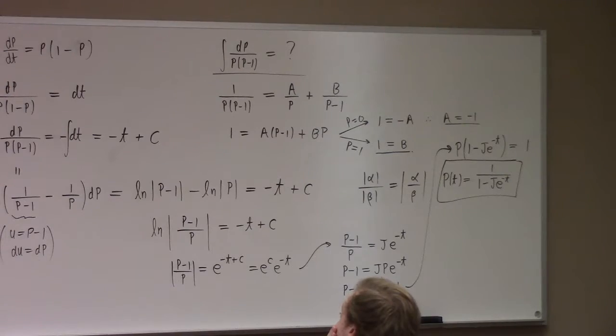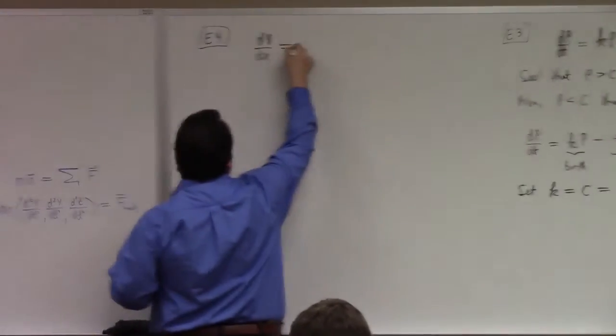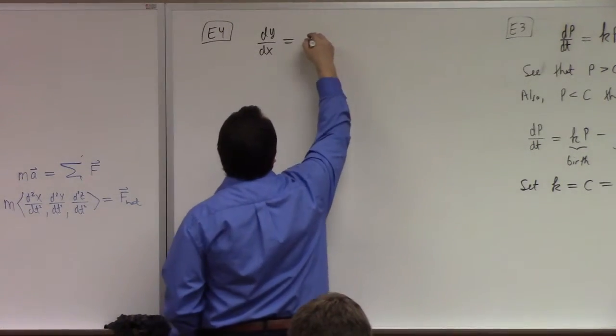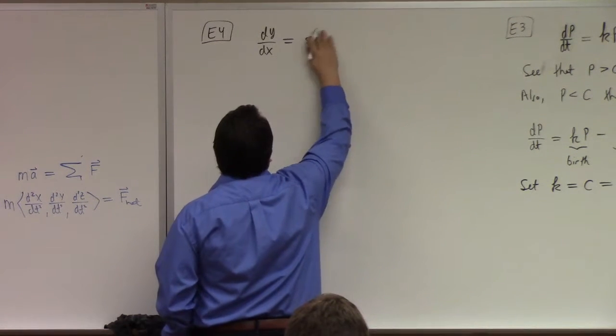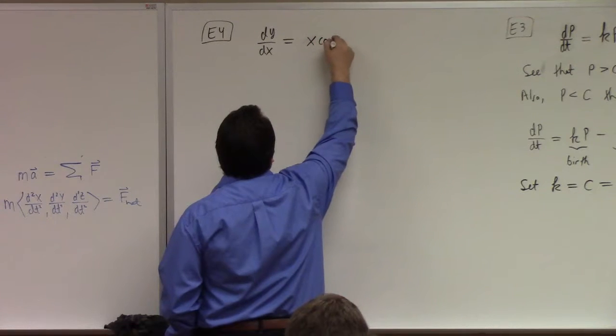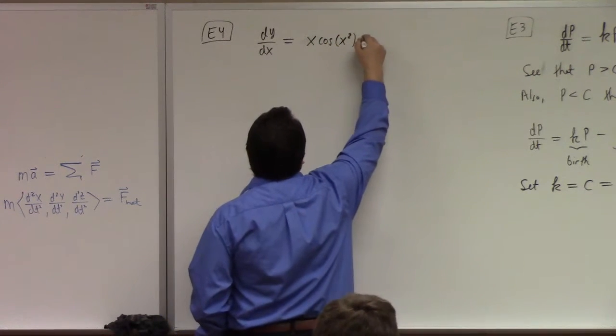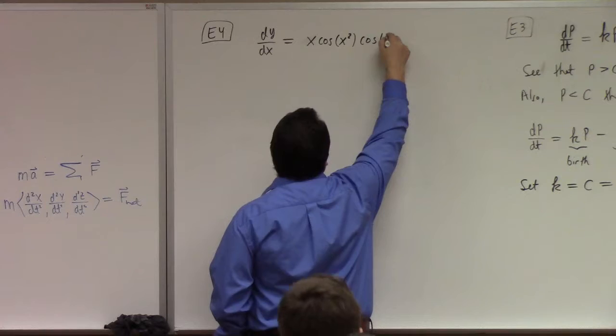Let's see here. What if we were to solve dy dx equal to, how about, x cosine of x squared times the cosine of y?